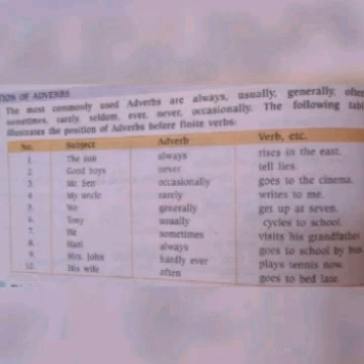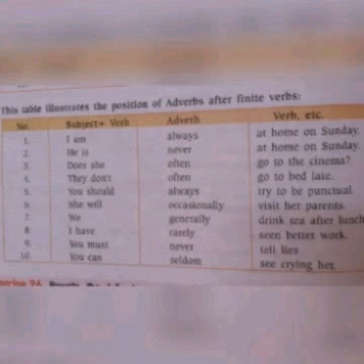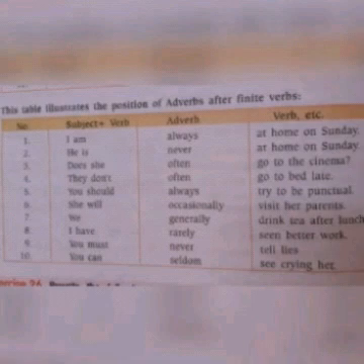It is placed just before the verb goes. And adverbs can also be placed after the verb. I am always at home on Sunday. So what is the adverb? Always. Here the verb is am, so it is placed after the verb. So adverbs can be placed before the verbs or after the verbs also.